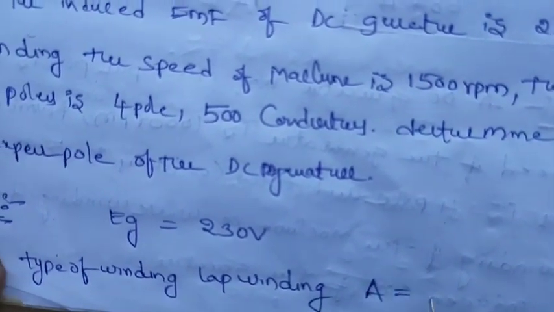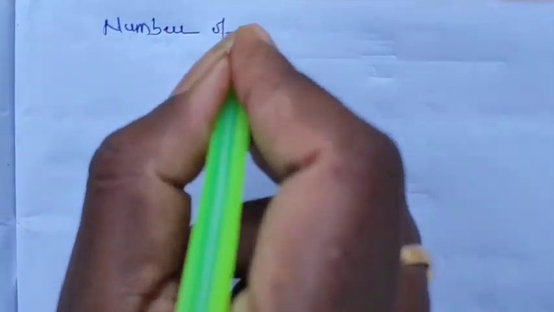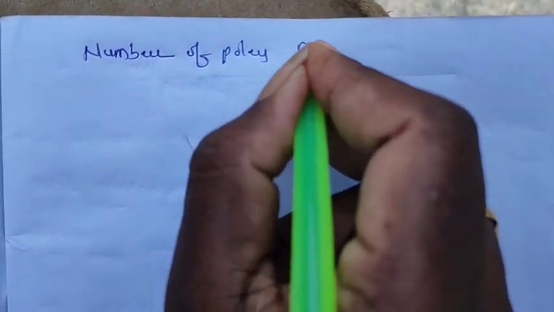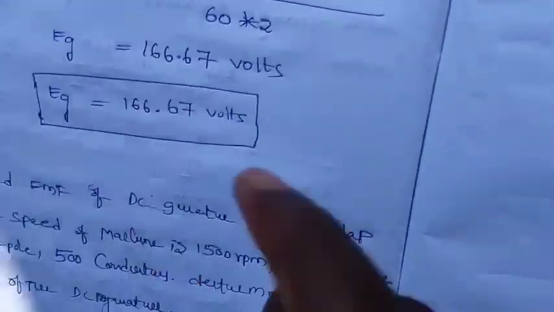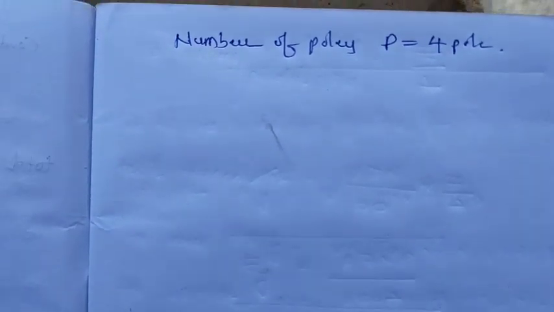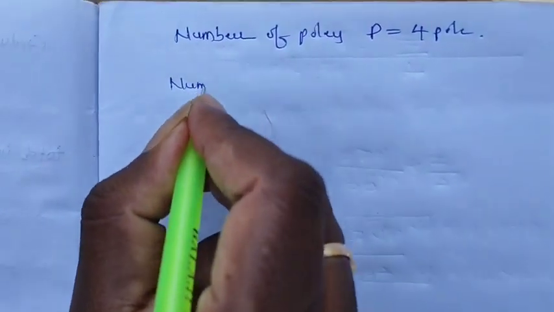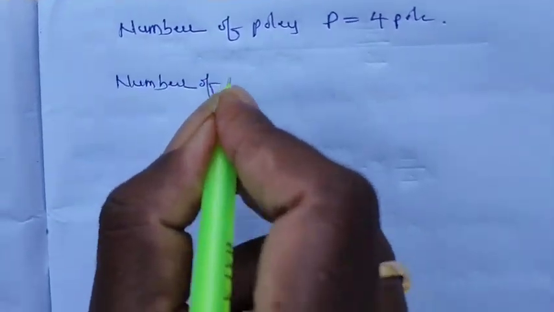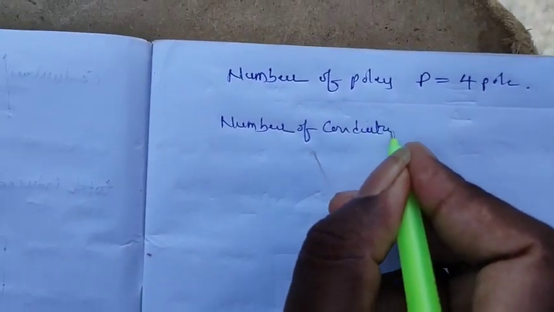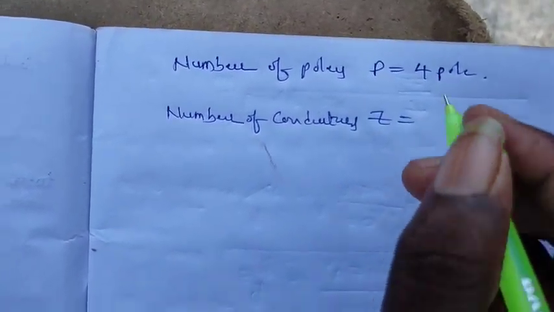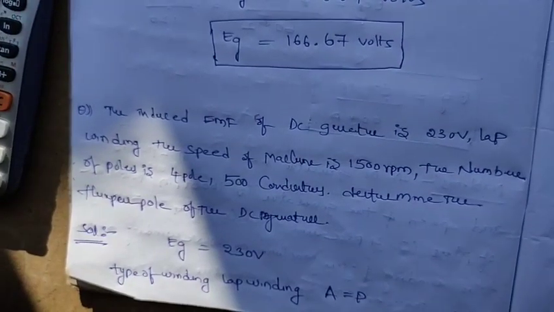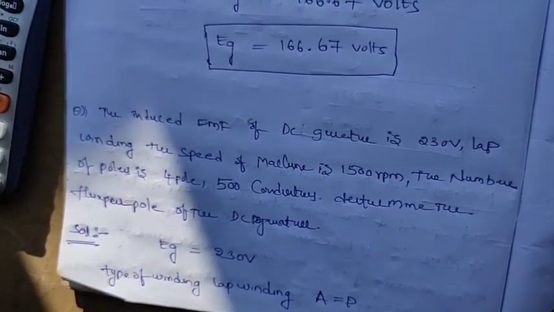In lap winding, A equals P. The number of poles, P, is 4, so it is a 4 pole machine. And the number of conductors, Z, is 500.